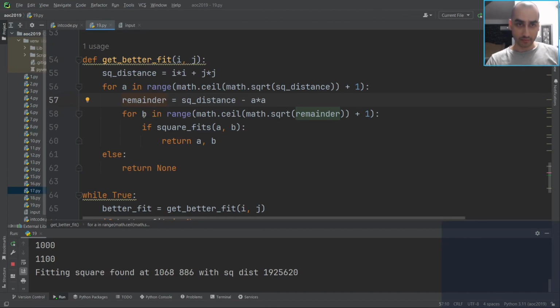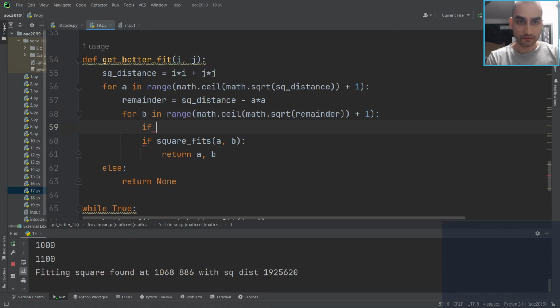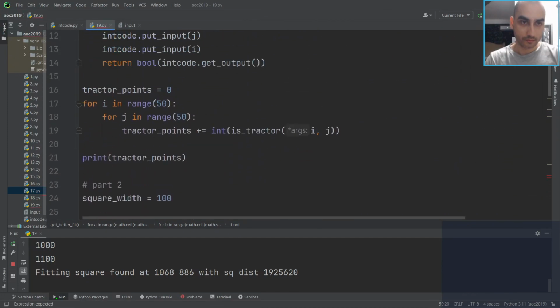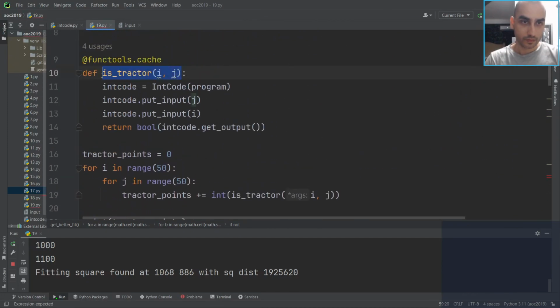So we could say the moment b hits a non-hash, we should just stop and break out of this one.